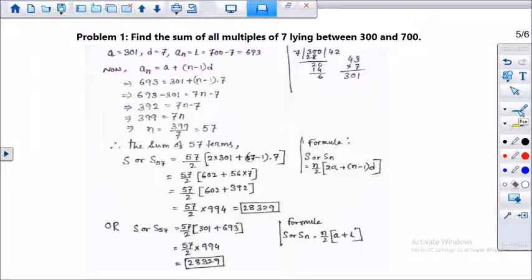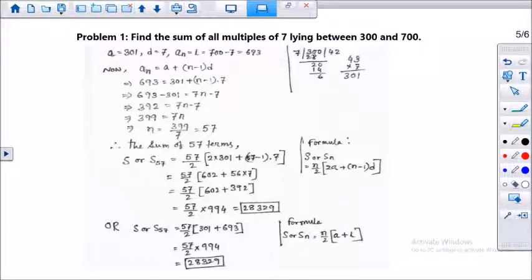Now students, we have to see a few problems. Problem 1. Find the sum of all multiples of 7 lying between 300 and 700. So we have to find out the first and last multiple of 7 in between 300 and 700. For getting the first multiple of 7, we have to divide 300 by 7.